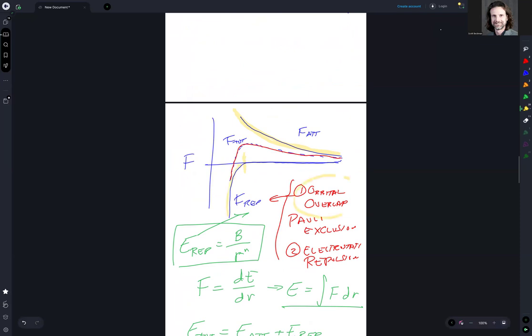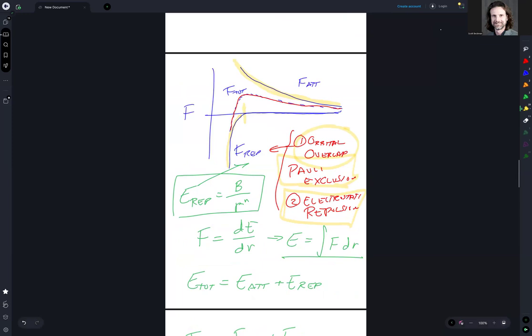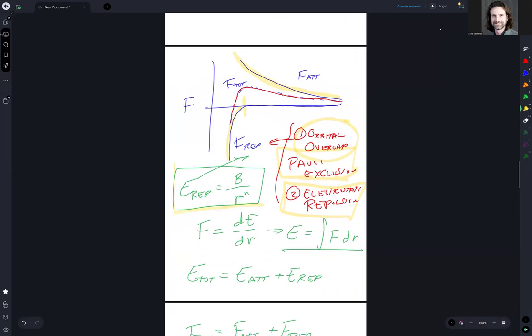These are due to the orbital overlap of the core electrons and their associated Pauli exclusion principle, and then electrostatic repulsion because you have the overlap of these charges. It's not uncommon to represent the repulsive energies in a power law going 1 over r to the n, and that n is picked to accurately describe what is observed in the repulsion.